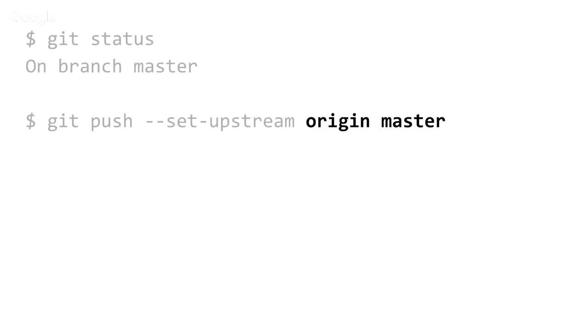For example, locally we could have master, and remotely we could have a name like remote-master, or whatever. Of course, for simplicity and just to make our lives easier, we use the same names.